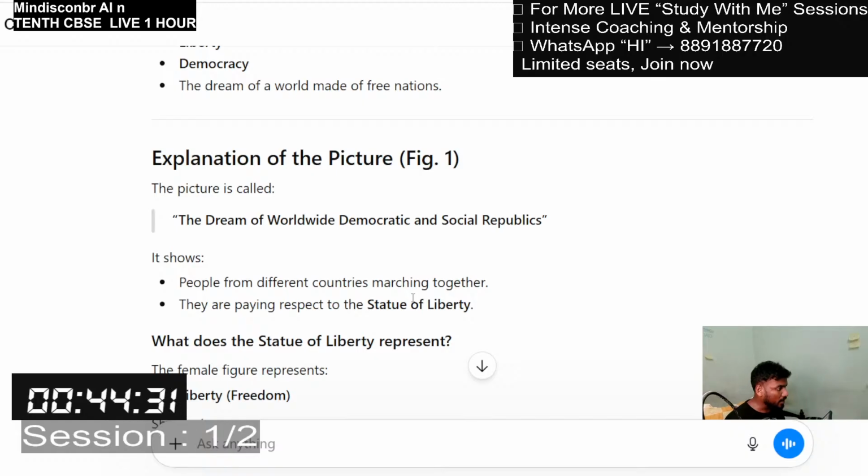Yes, you can see here different people. These are all people, and they are marching together with the flag. You can see the flags here. So many flags are there.